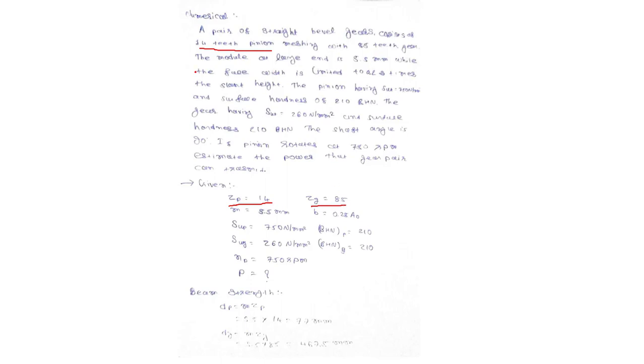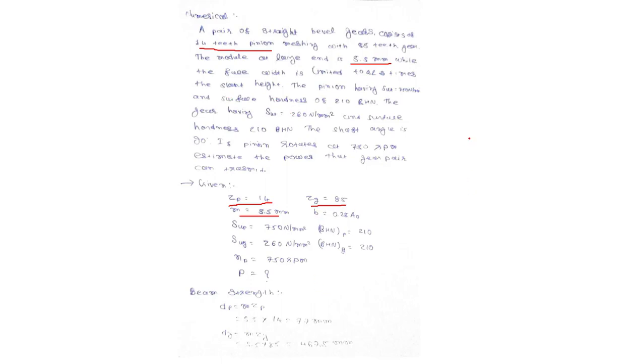The module at the large end is 5.5, so M is 5.5 mm, while the face width is limited to 0.25 times the slant height.